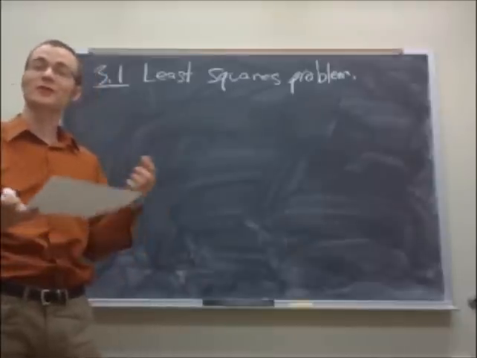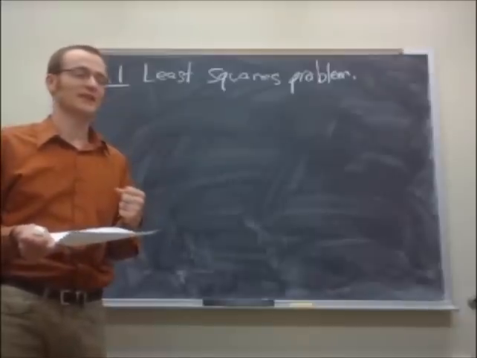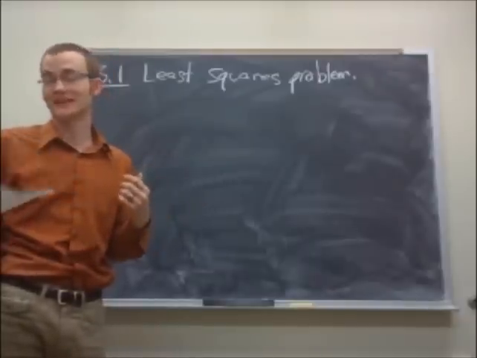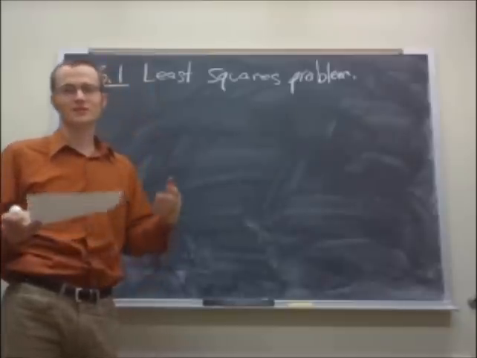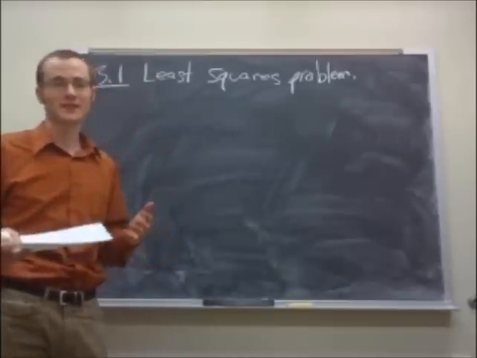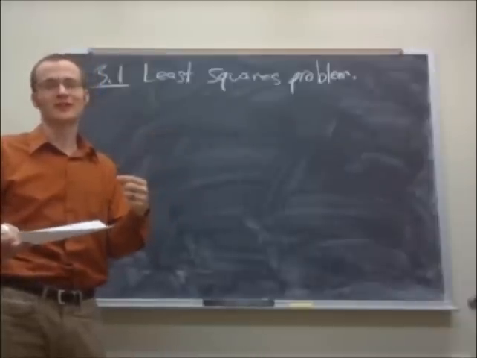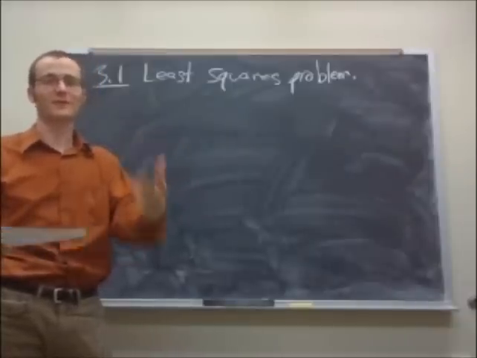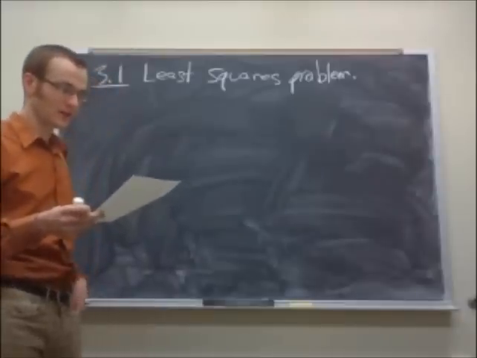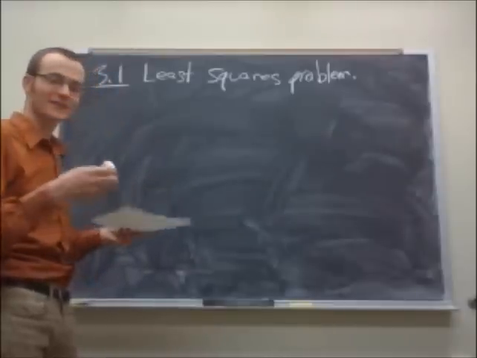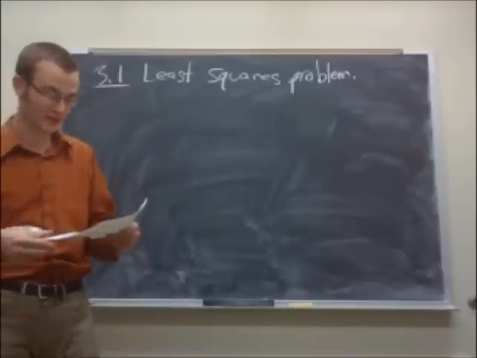So for instance, say you're doing an experiment and you want to relate two different physical quantities, say pressure and density. You may do the experiment 500 times, but you only need to relate two variables. There's a lot more data than information you are trying to find out. You might expect pressure and density to have a linear relationship.